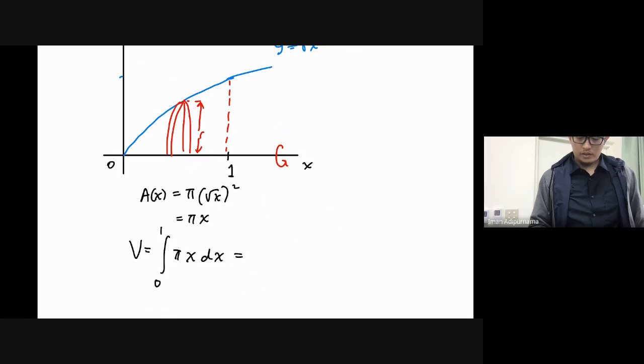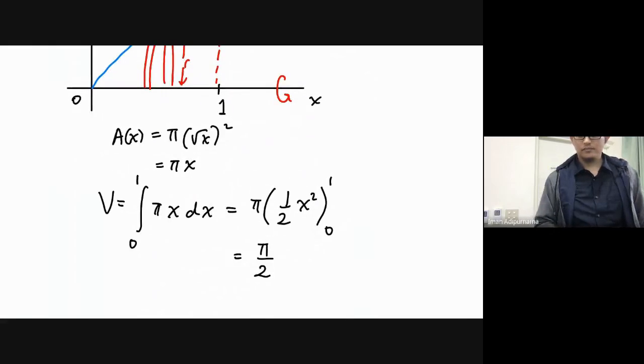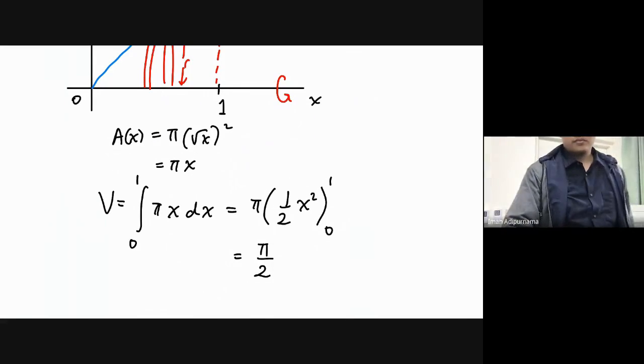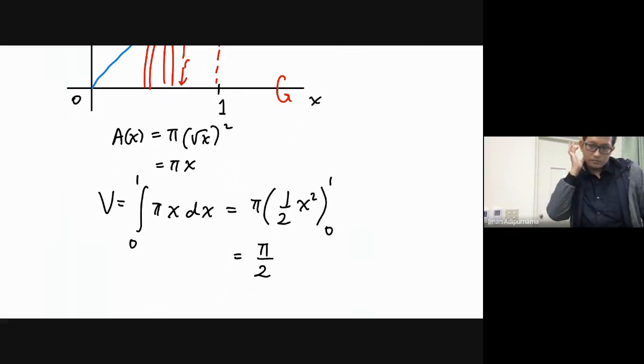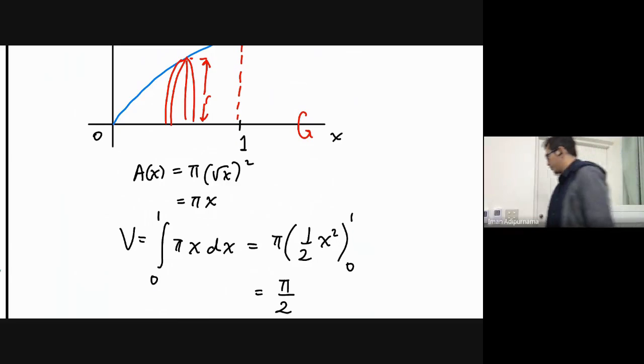You can directly write the half x squared, and it will be pi over 2. So this is basically really simple functions, easy calculations.